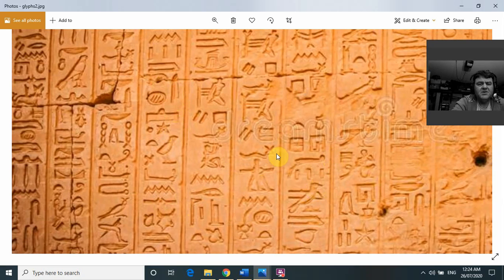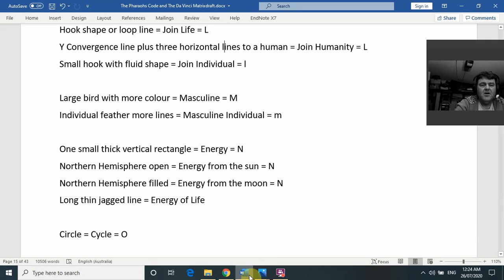So the male birds are the brightly coloured ones, and the females are often the less brightly coloured, like plain in representation.